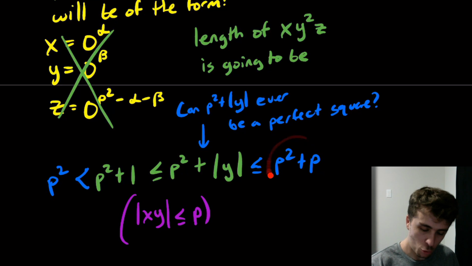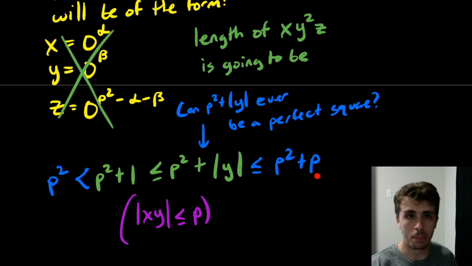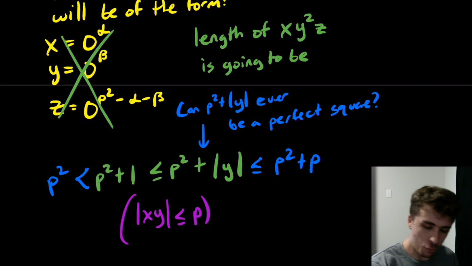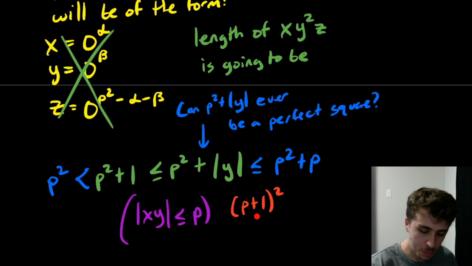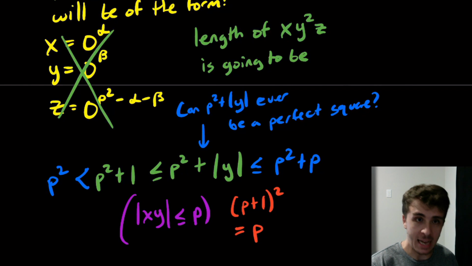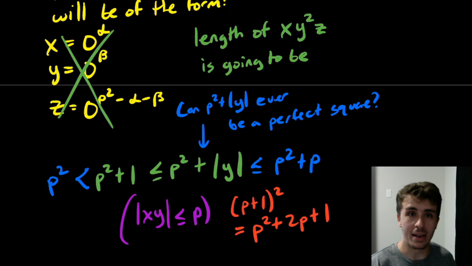Okay, so where is this guy in relation to a perfect square? Well, let's look at p plus 1 squared, which is the next perfect square after this one. If we expand that out, that's p squared plus 2p plus 1.